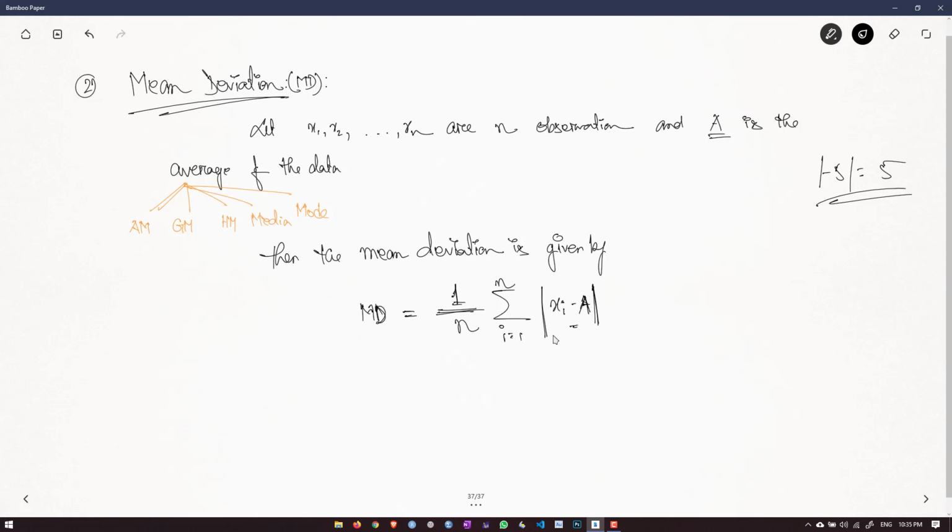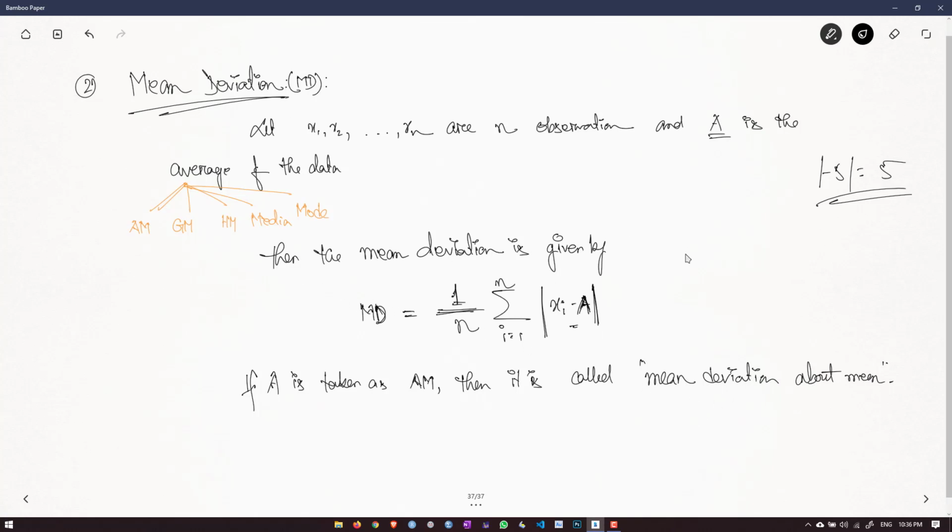If A is taken as arithmetic mean, then it is called mean deviation about mean. If you use median, that will be called mean deviation about median. So this is the formula.